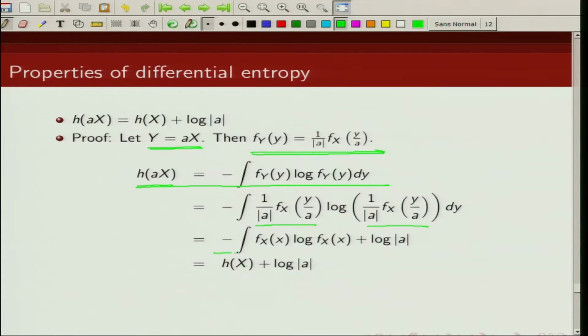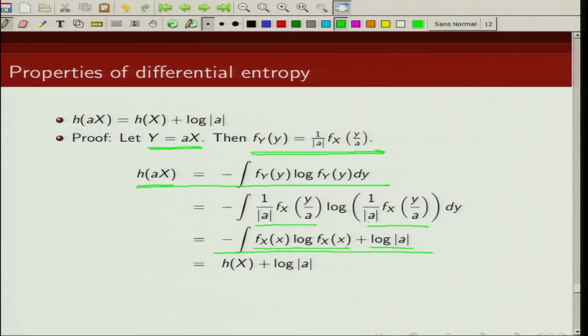So this can be simplified into two terms. One is this particular term, and the second term is log of a. So you can see basically this will be log of 1 by a.